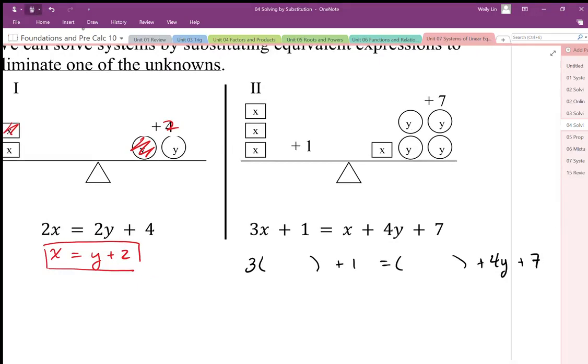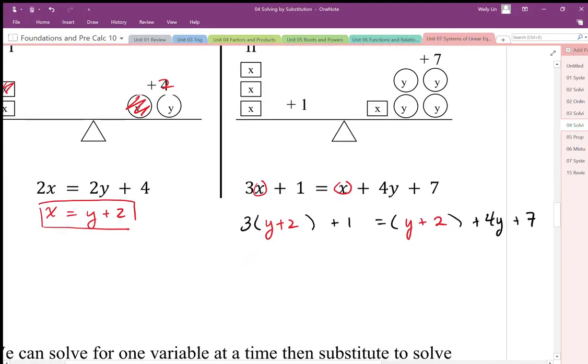Wherever I see the brackets here, this is my x. This x here gets replaced with y plus 2, and this x here gets replaced by y plus 2. In doing that, we've replaced every x in this equation with a y expression, which eliminates all the x's.